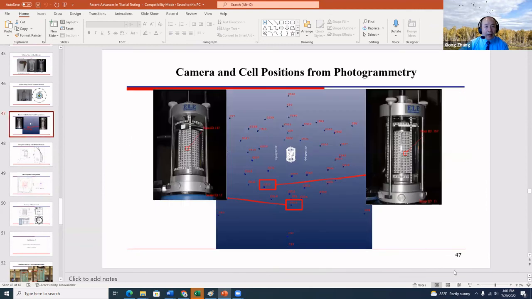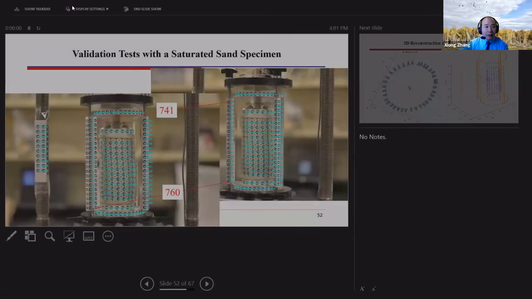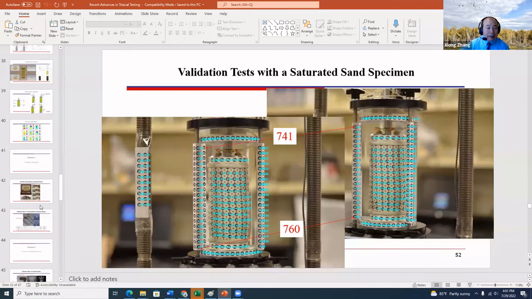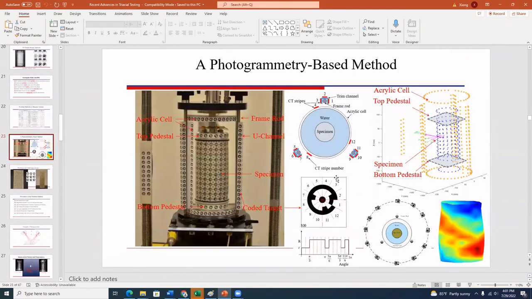I have a special program which can allow me to find out its shape. If you look at it here, this is an elliptical shape. So this is the design of the coded targets, which is a circular shape.